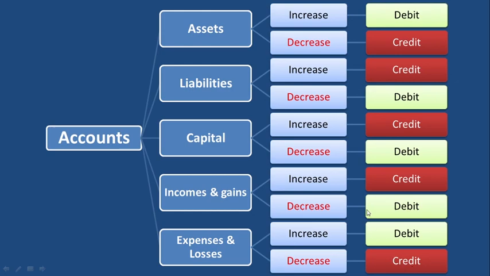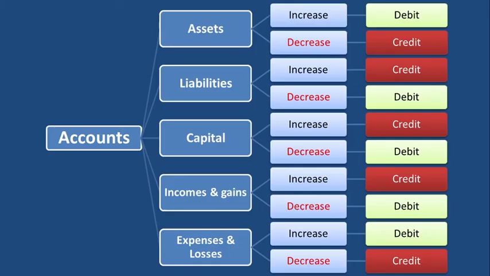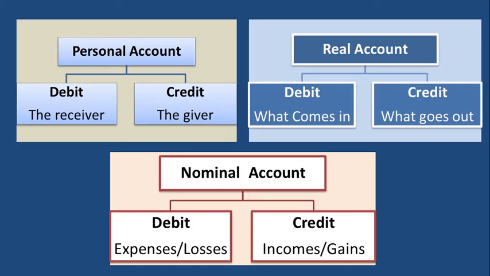By either of these two rules, we can solve the journal entry. Please be confirmed in one rule. Do not try to solve with both rules, even if both of them are related to one another. I think now you can solve the journal entries.